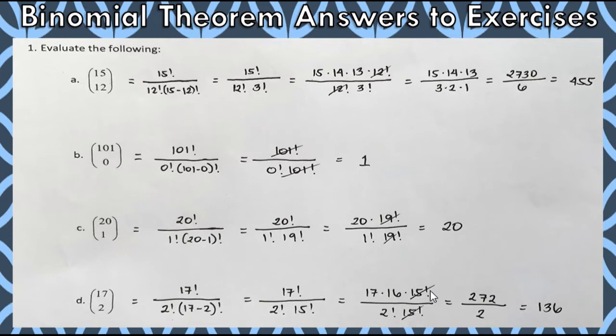So, the 15 factorial cancels, that is 1. What is left in our numerator is 17 times 16, which is 272. And in our denominator is 2 factorial, that is 2 times 1, which is 2. So, 272 over 2, that is equal to 136.